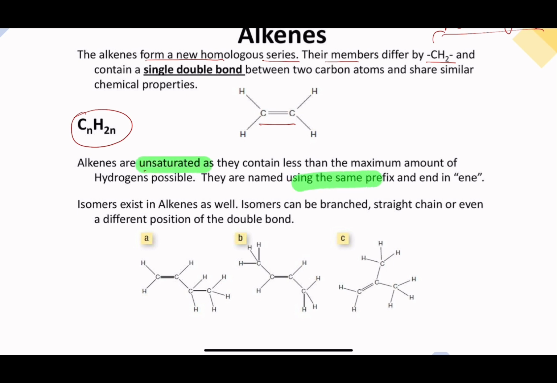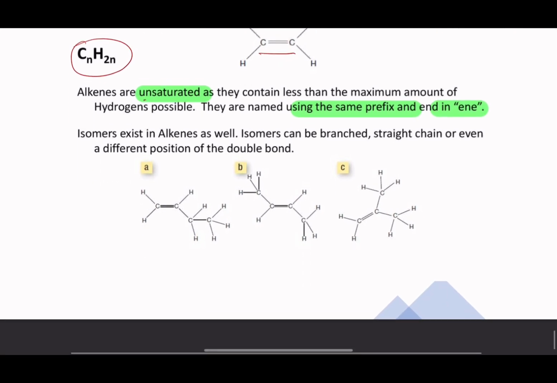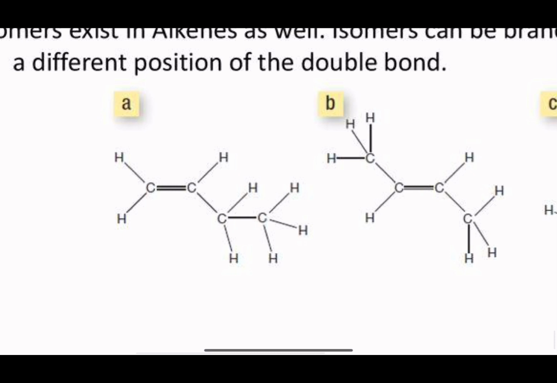Alkenes are unsaturated because they have a double bond. They are named using the prefix and ending in -ene. Okay, so look at this guy. You see, I have here four carbons, and then I have here one double bond. It means that this is an alkene.